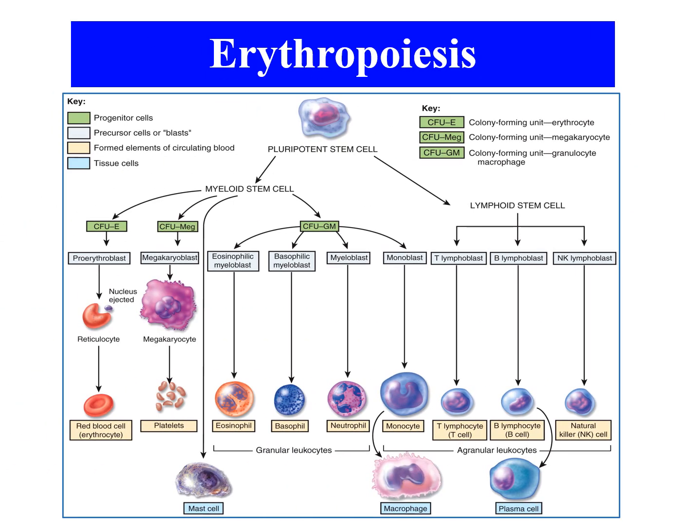So this picture is the same picture that we used when we were discussing the process of hematopoiesis. But our focus here is the process of erythropoiesis, which is the production of red blood cells in the red bone marrow. The process of erythropoiesis begins with a pluripotent stem cell becoming the myeloid stem cell. This myeloid stem cell becomes the colony-forming unit erythrocyte.